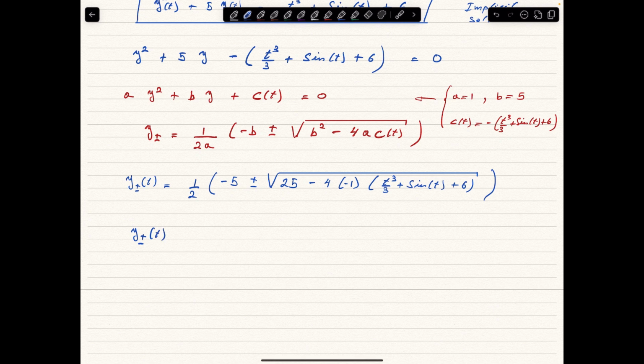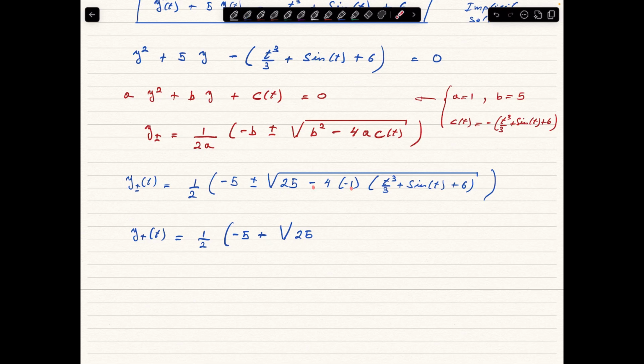Let's rewrite this a little bit better, but not much, because there's not much we can do about it. So 1/2, let's put negative 5 plus, let's write them separately. The solution plus is going to be with the plus here, and it's going to be the square root of 25.